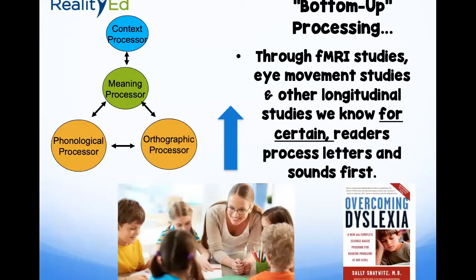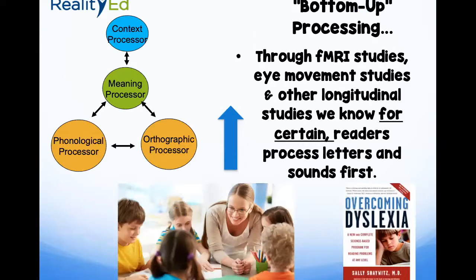So what we know, not just from functional MRI studies, but also eye movement studies and other longitudinal studies, we know for certain that readers do process from the bottom up. So they are linking the visual image of the letter. So is that a letter B or is it a letter D? And then once they can visually distinguish between the two, they're linking that to that speech sound.